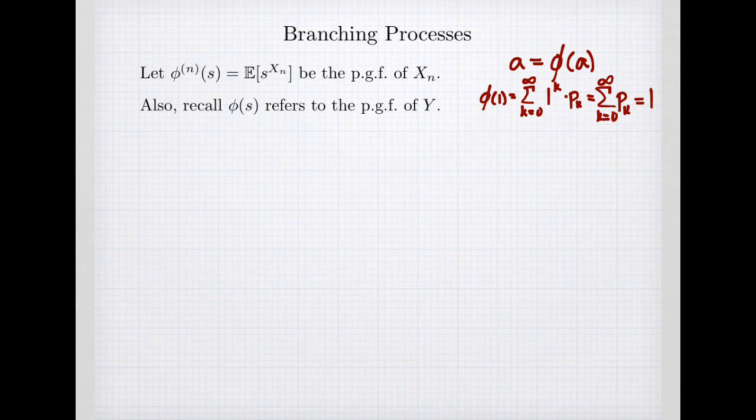What we've discovered is that phi of 1 does equal 1. So we found at least one solution. The question is, is there another solution, and is it possible that A happens to be that other solution?